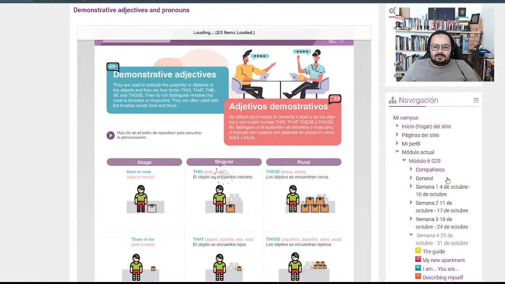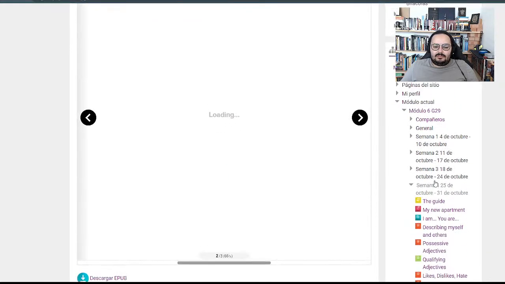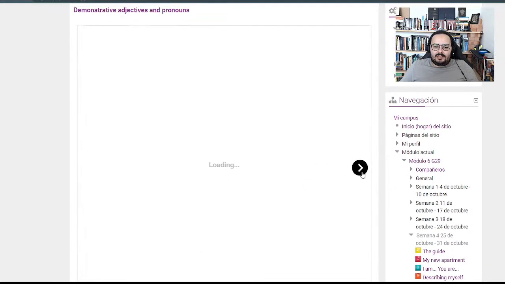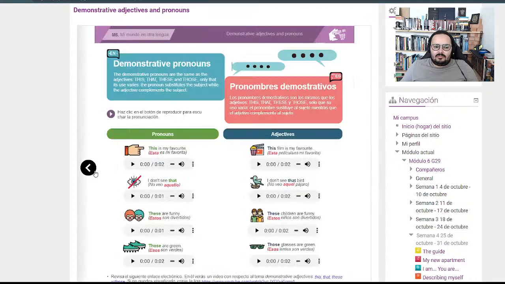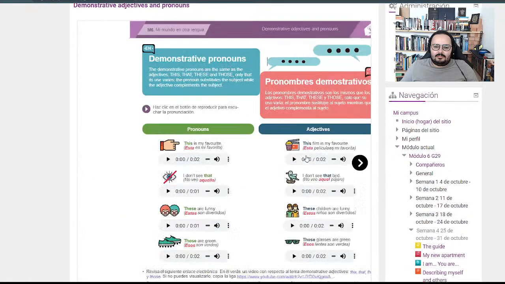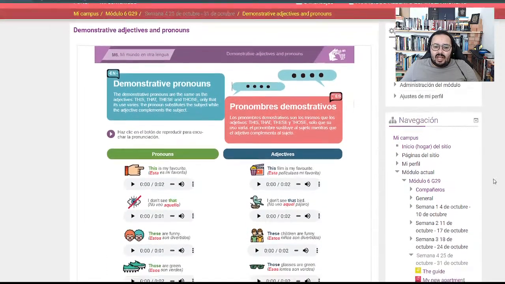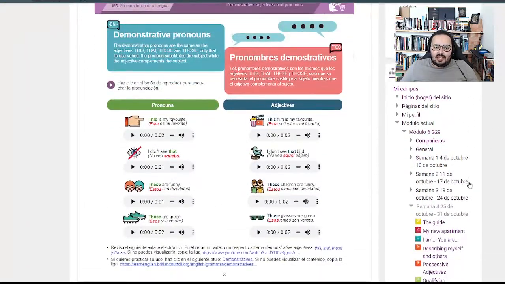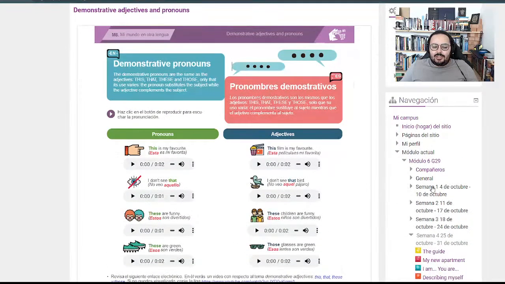And then we have the demonstrative pronouns o pronombres demostrativos. And well, those are the same, these, that, this, and those, but are used instead of the object of the sentence.